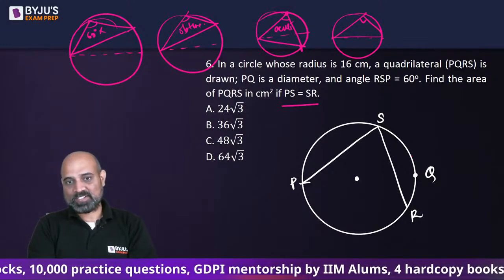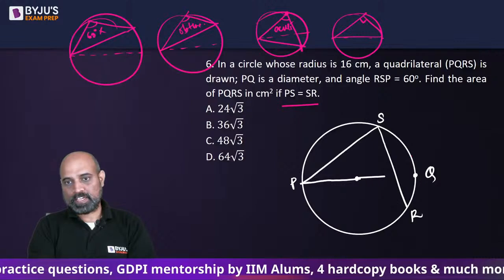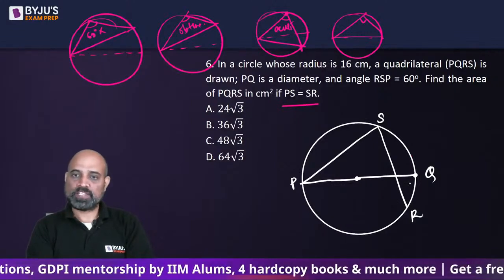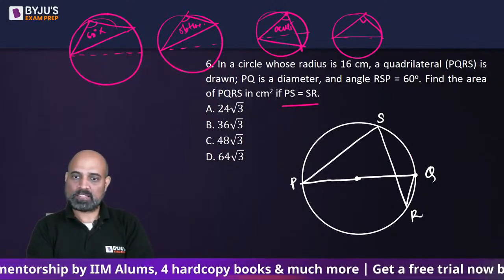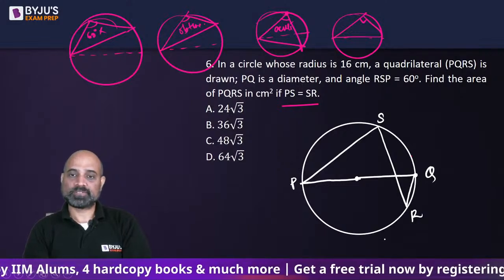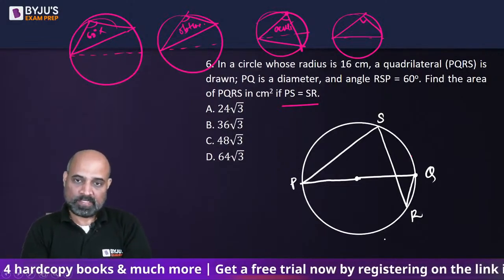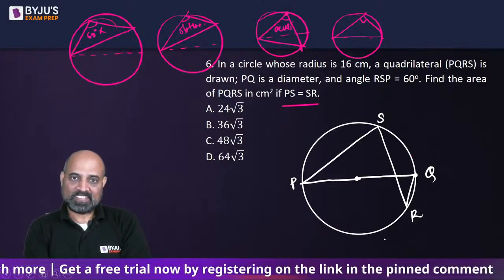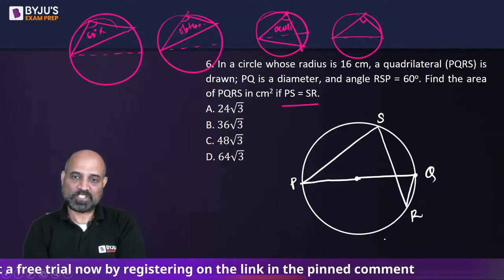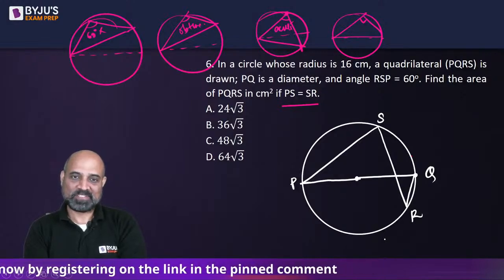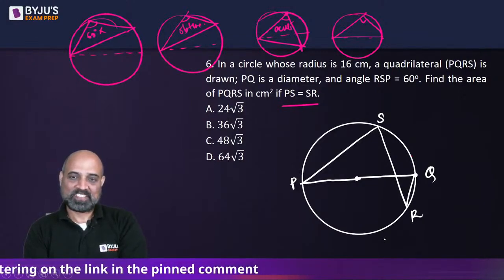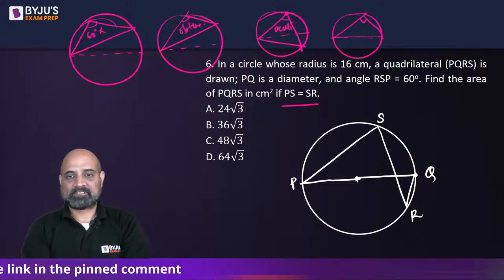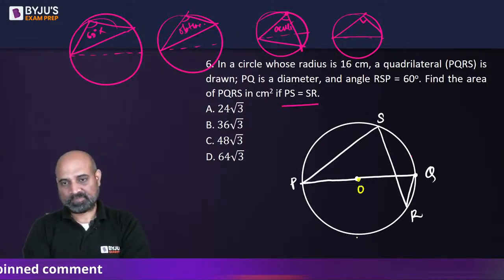So this is not the kind of quadrilateral we were expecting, right? Because PQRS is not your typical quadrilateral. But tell me, can we still get the area of this particular quadrilateral? Iska area, they are similar, right?